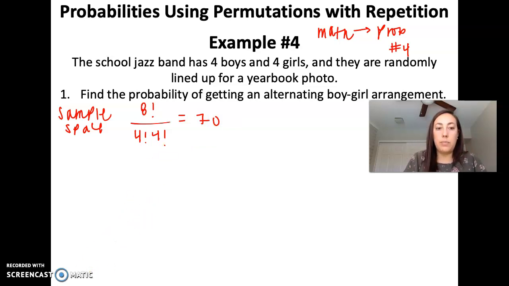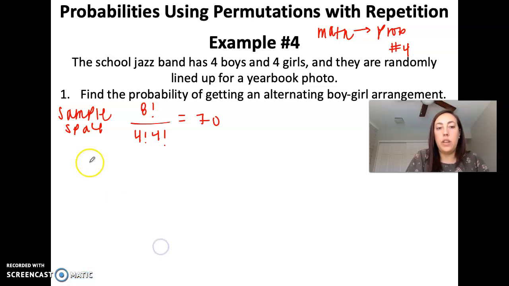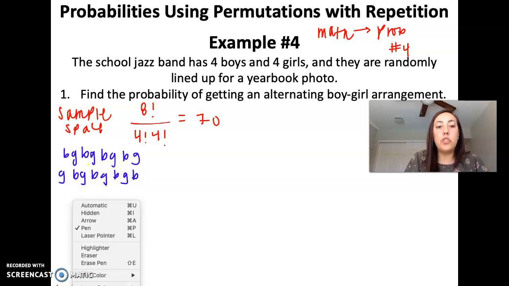So now let's talk about our event of getting an alternating boy-girl arrangement. There's 2 ways that can happen. We can start with a boy and then alternate from there, or we can start with a girl and alternate from there. So there's 2 possible outcomes in our event.